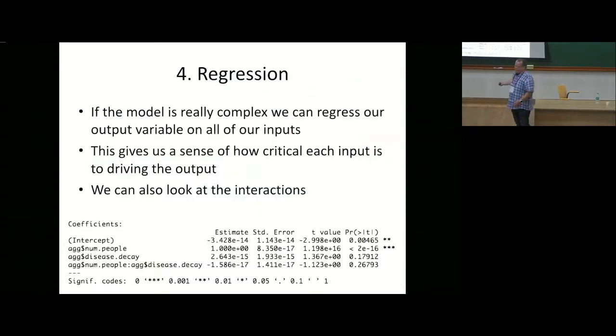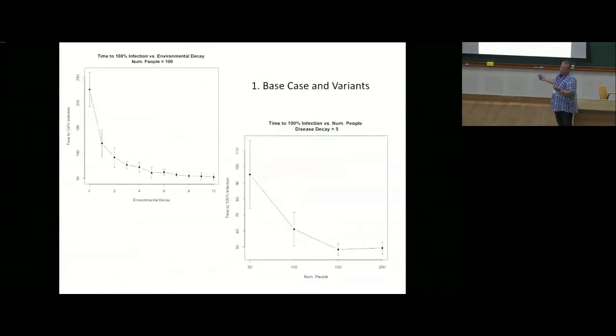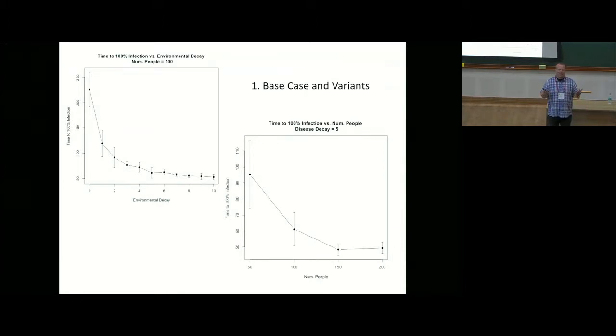So this is a cool idea, and I don't think people do this often enough, by the way. I don't think a lot of people publish their agent-based models, and they do it like this, right? And the problem with doing it like that is just that it's really hard to say holistically what the effect of the inputs is on the outputs, right?